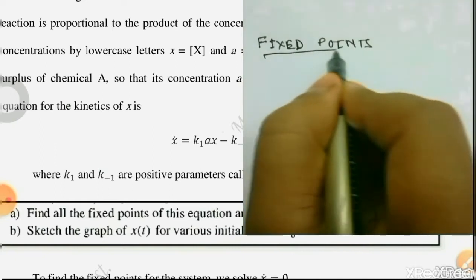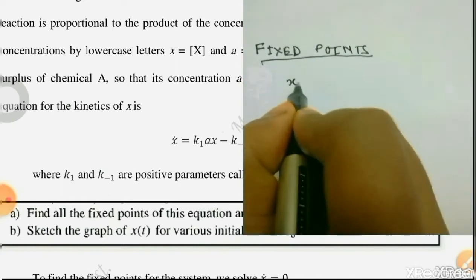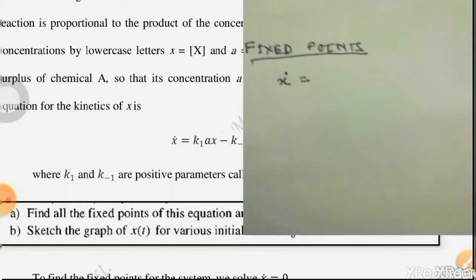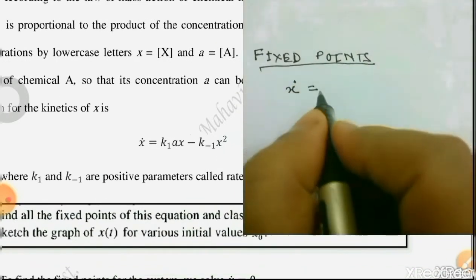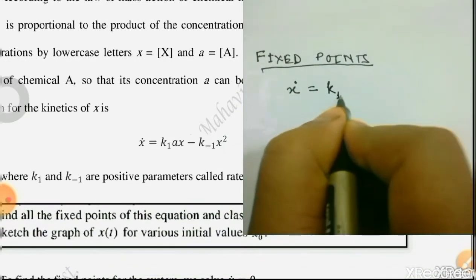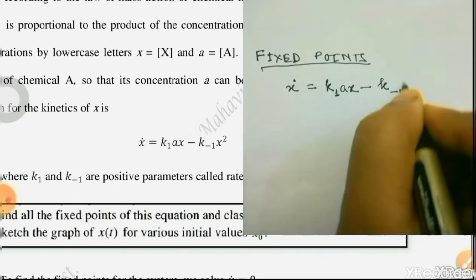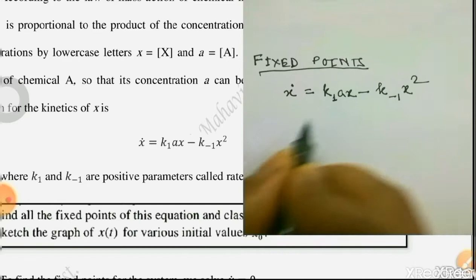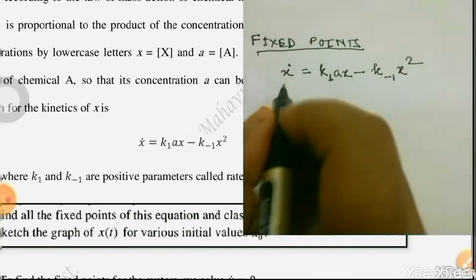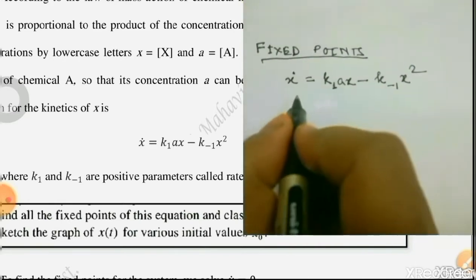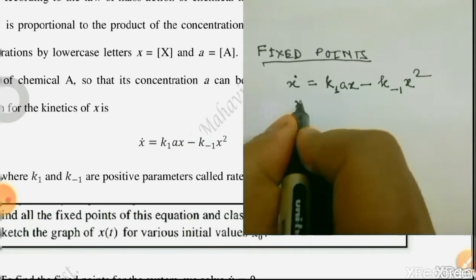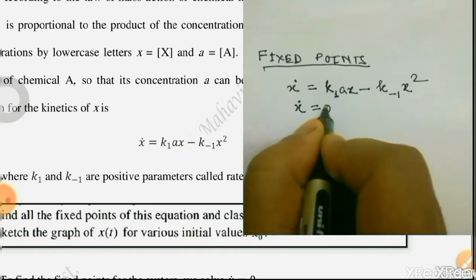We have the equation x dot equals k1 a x minus k minus 1 x squared. For the fixed points we put x dot equals 0.